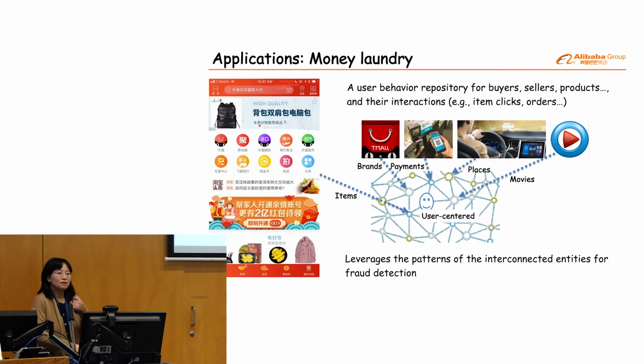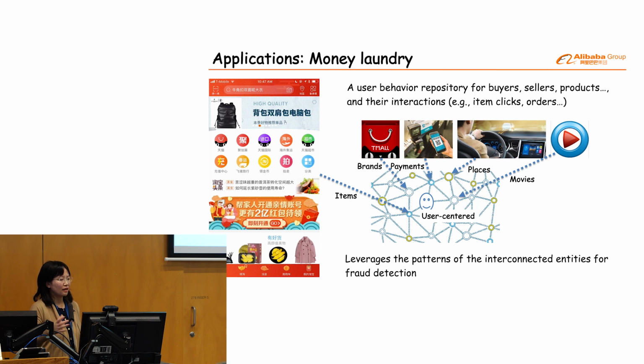So here is another quite interesting application, also in collaboration with the Alibaba Group. If we consider this more general form of the network formed in this e-commerce platform, we have different entities.